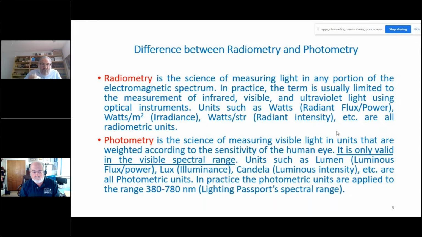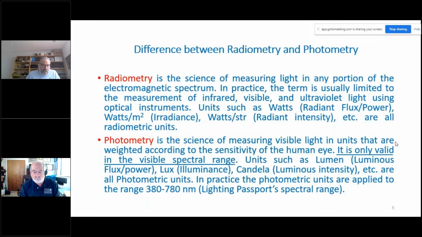However, photometry only focuses on the portion of the spectrum in the visible light, which also includes that little bit of UVA and far red. So 380 to 780 nanometer. It's the science of measuring visible light in units that are weighted according to the sensitivity of the human eye.